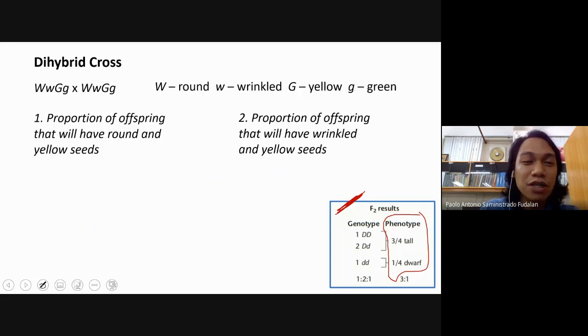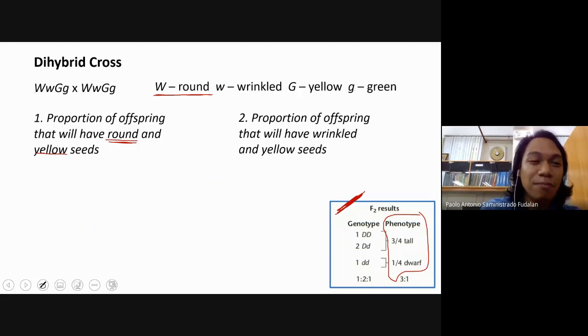So in the first question, the proportion of offspring that will have round and yellow seeds, the way I usually solve this is I take each of those characters separately. So first, let's focus on round. If you look at the assignment here, round is a dominant trait.